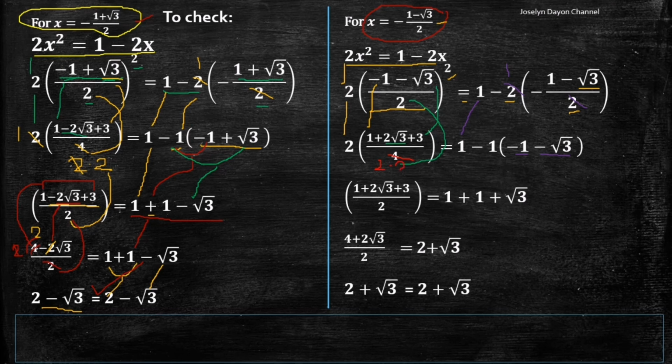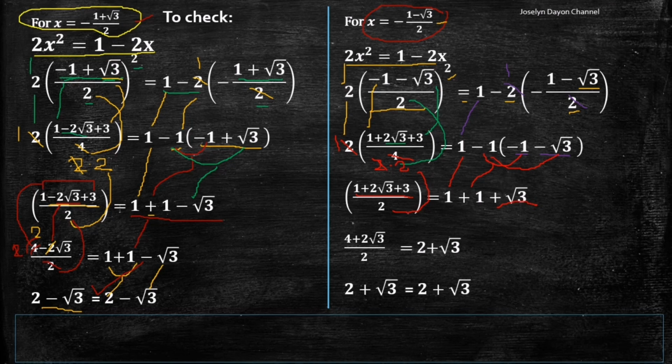So we can divide 2 and 2. So that's already 1. So our numerator becomes 1 plus 2 square root of 3 plus 3 all over 2. And in here we have 1, negative 1 times negative 1, that is already positive 1. Negative 1 times negative square root of 3, that is positive square root of 3.